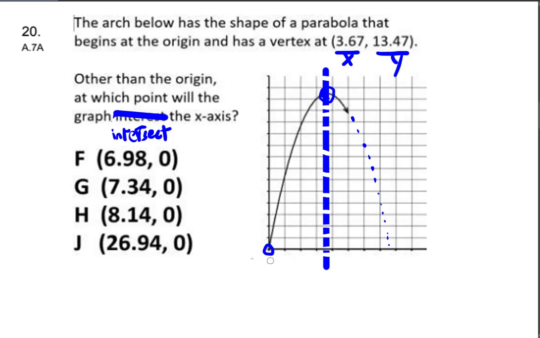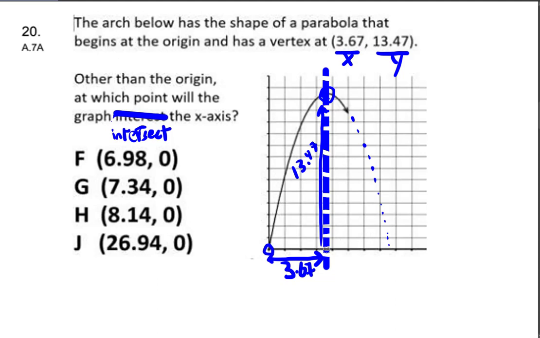So when you are plotting a point, your x distance is 3.67, and then I go up my y distance, which is 13.47. Well, if this distance is 3.67, and remember the vertex is where you can fold the thing onto itself because the axis of symmetry goes through the vertex.